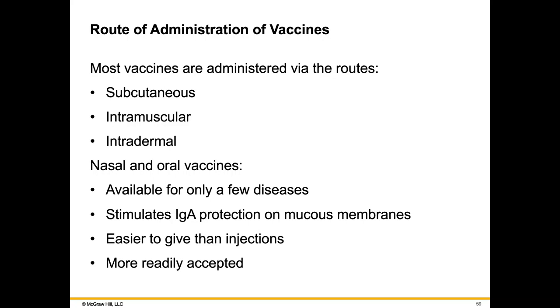They're easier to give than injections. They're more readily accepted since it's not going into your body for some people, I suppose, for whatever reason. So there are different routes of administration, but typically we're looking at those first three.